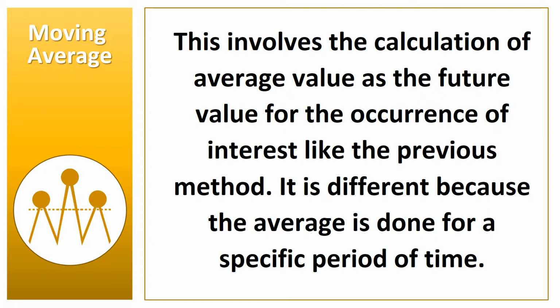In other words, it doesn't make use of all the previous time points. For example, you can calculate the last 6 months of sales in a Walmart store and department. Technically, this is done by dividing the aggregated value of 6 months of sales by six.